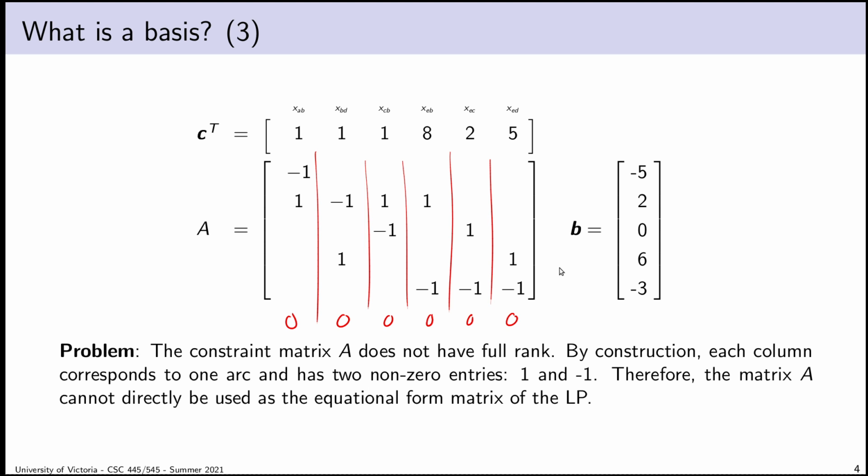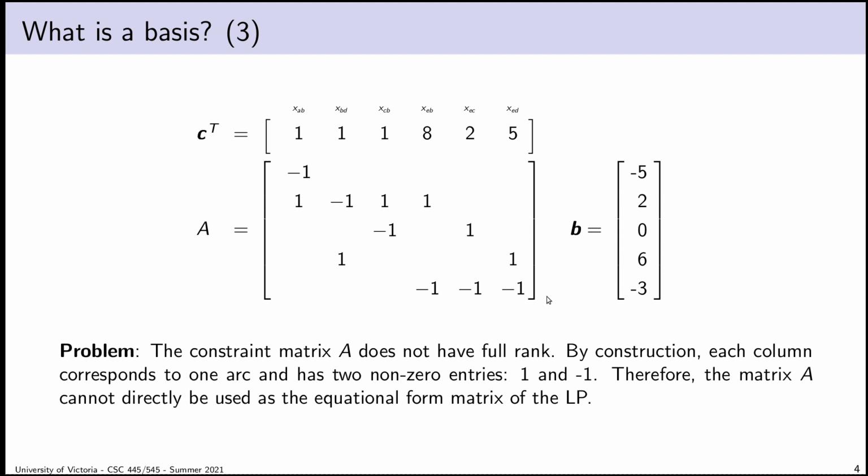And the reason why that's really a big deal for us is if I were to choose a basis of this matrix, a basis would have to have, well, the matrix itself has 5 rows, so the basis would have to have size 5. Suppose my basis is, I don't know, the first 5 things.